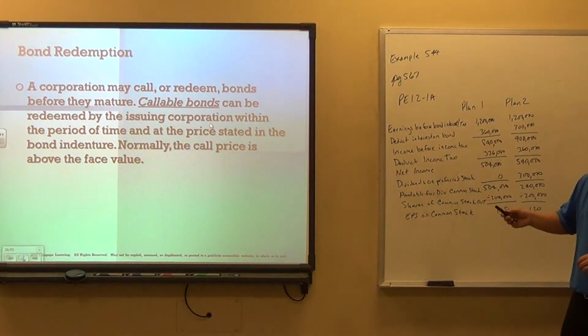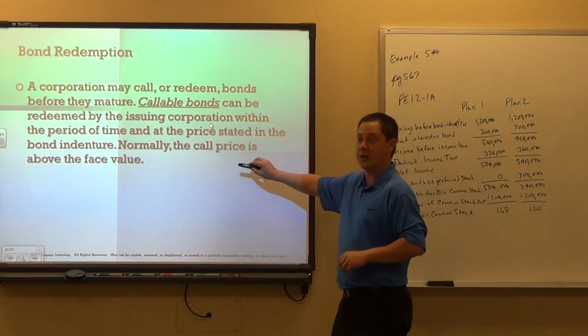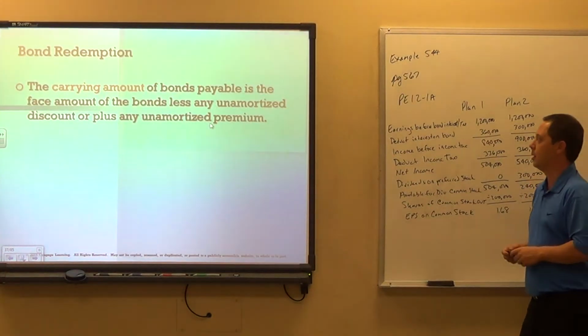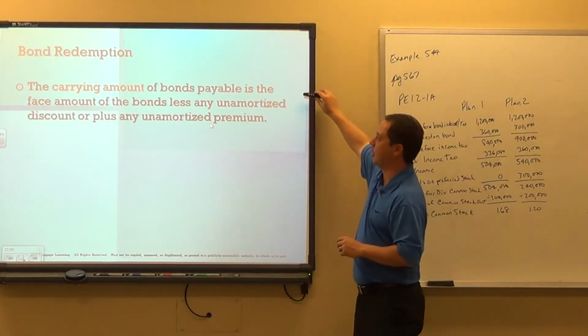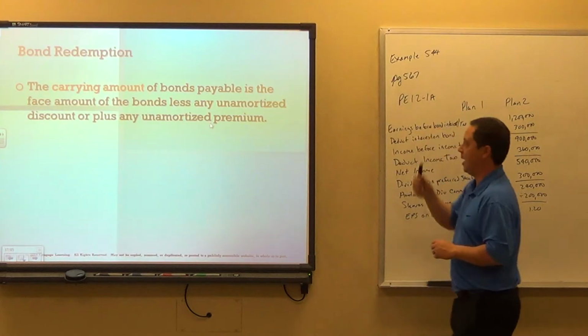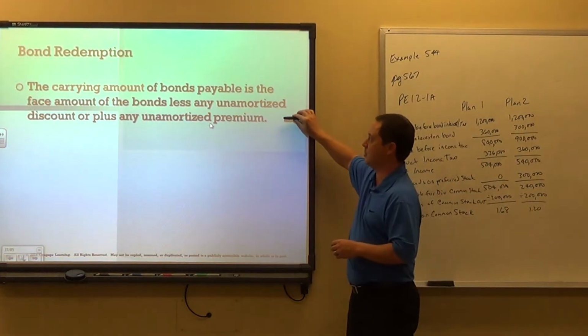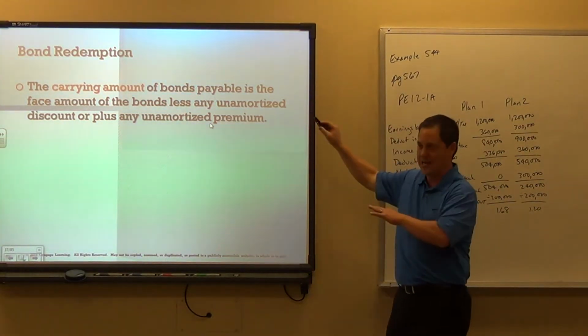Normally, the call price is above the face value, so they may go above that to call it in. The carrying amount of the bonds payable is the face amount of the bonds less any unamortized discount or plus any unamortized premium. So let's take a look at what all that means.